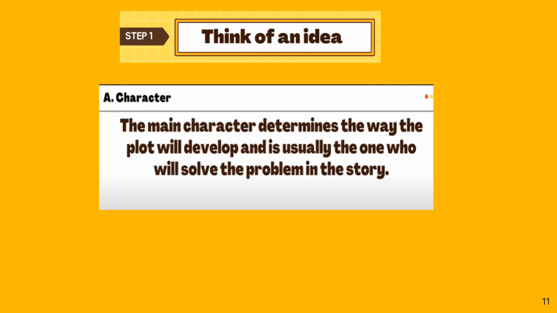The first one is character. Every story has its own character. The main character determines the way the plot will develop and is usually the one who will solve the problem in the story. How to create your character and setting.